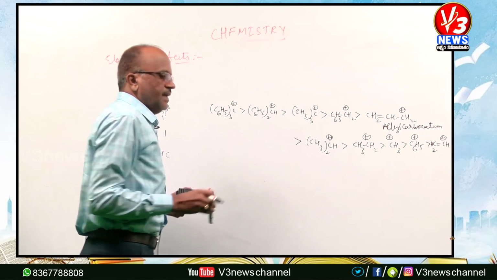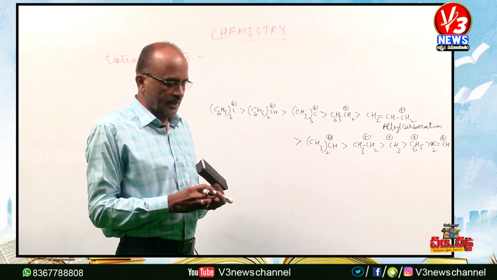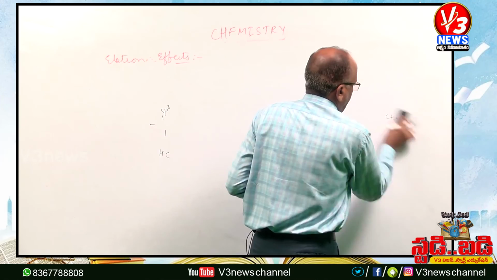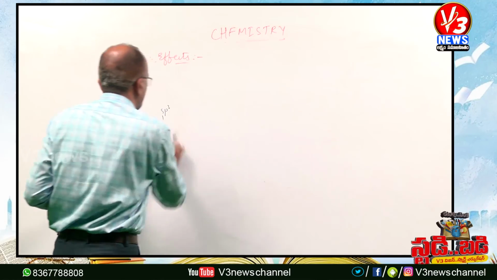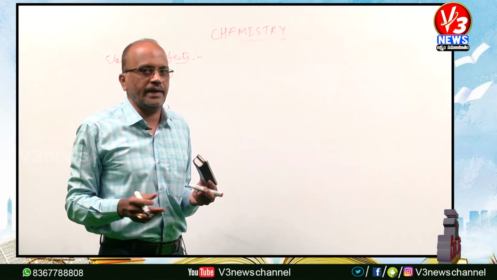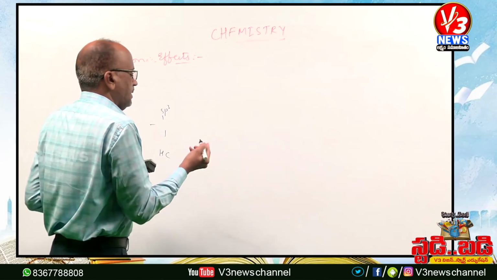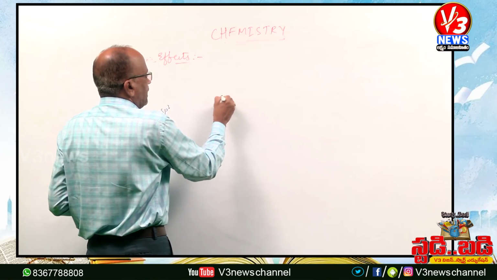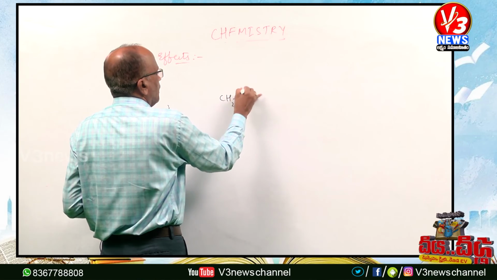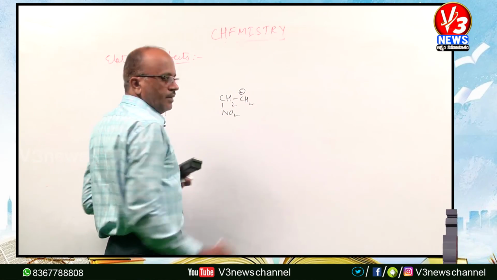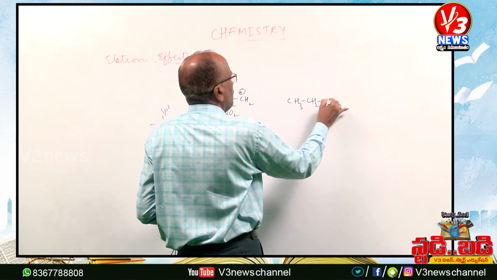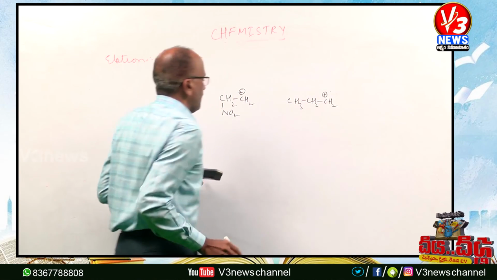Now, coming to the next one, stability of free radicals, or in this we will see some more in depth. Electron donating groups increase the stability of carbocations, and electron withdrawing groups decrease the stability of carbocations. For example, if you take here CH2 like this, one carbocation, CH3 CH2 CH2 plus.